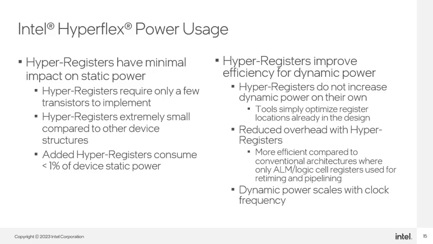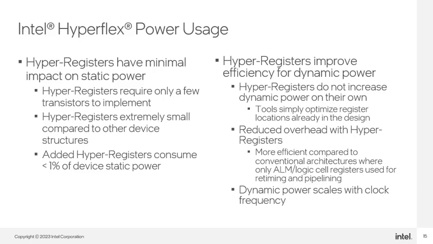With regards to dynamic power, as with other resources, hyperregisters on their own do not cause an increase in power. During design optimization, the compiler takes register stages already implemented in ALM registers and replaces them with hyperregisters. As such, the signal activity has simply moved from the ALM registers to the hyperregisters.